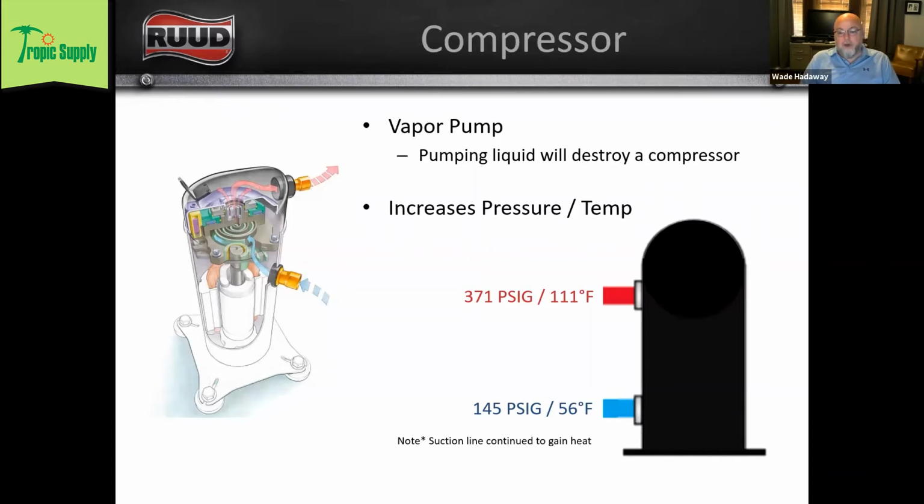And so we picked up another 5 degrees on the way, and that could have been because we had a very hot attic, or the line set was run down the sun exposure side of a house, or any other reason. So if we're checking superheat at the outdoor unit, we're not getting a good reading. Again, I'm sorry, I have a typo here. That should say 66 degrees.